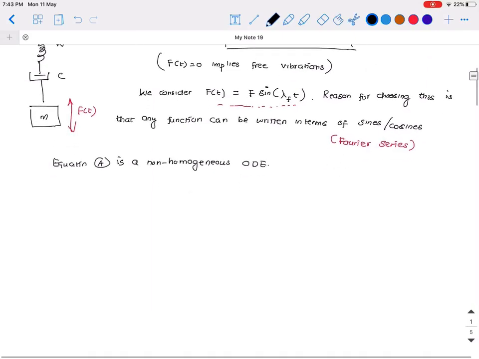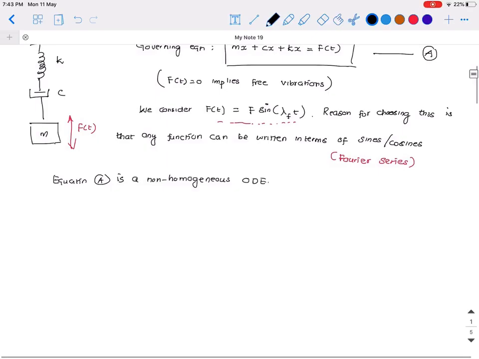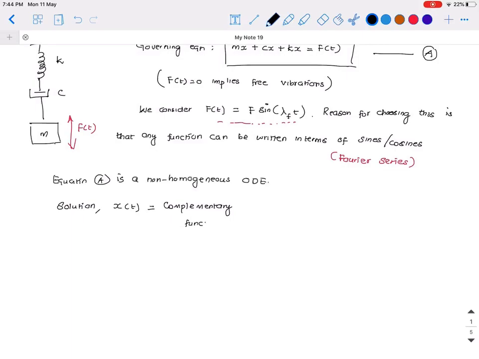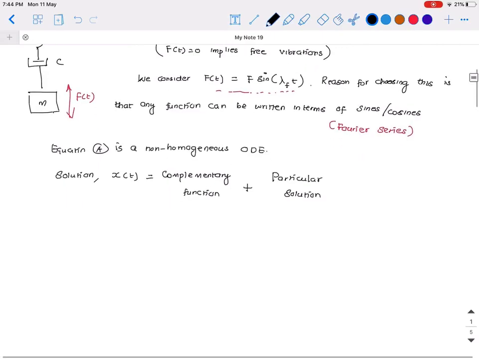You must be knowing that the solution x of t will have two parts: one is the complementary function, plus a particular solution. You know this already from your ODE course.